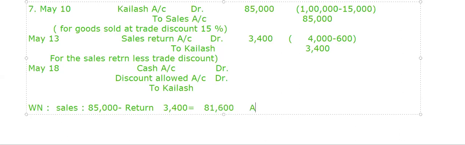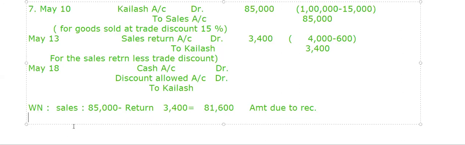That will be the amount due to receive. Now it is the amount due to receive, but the amount paid over here is after 5% cash discount. 5% of which? 5% of 81,600. 5% cash discount will be deducted out of it.